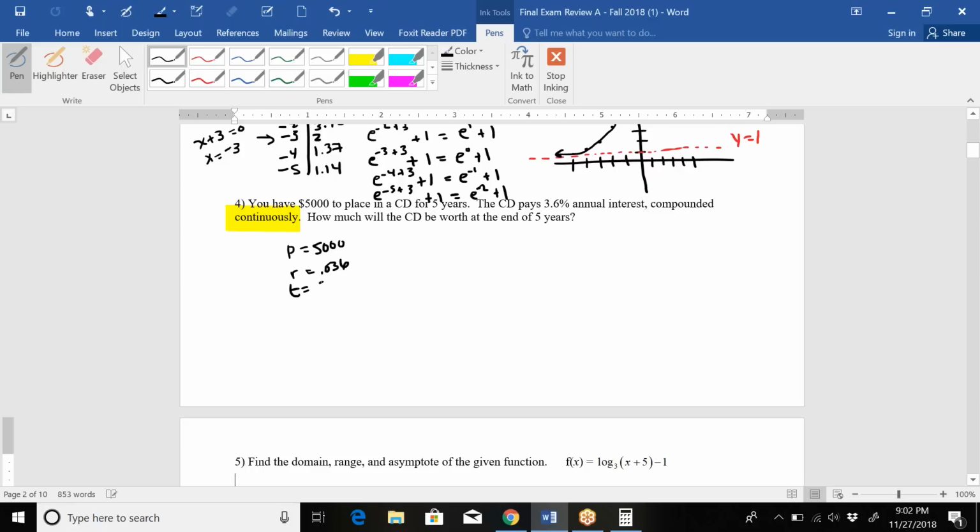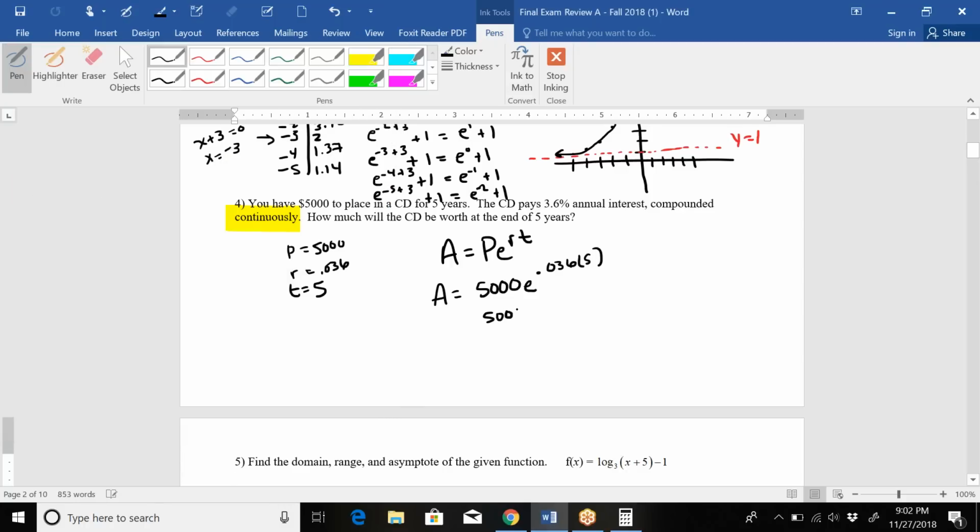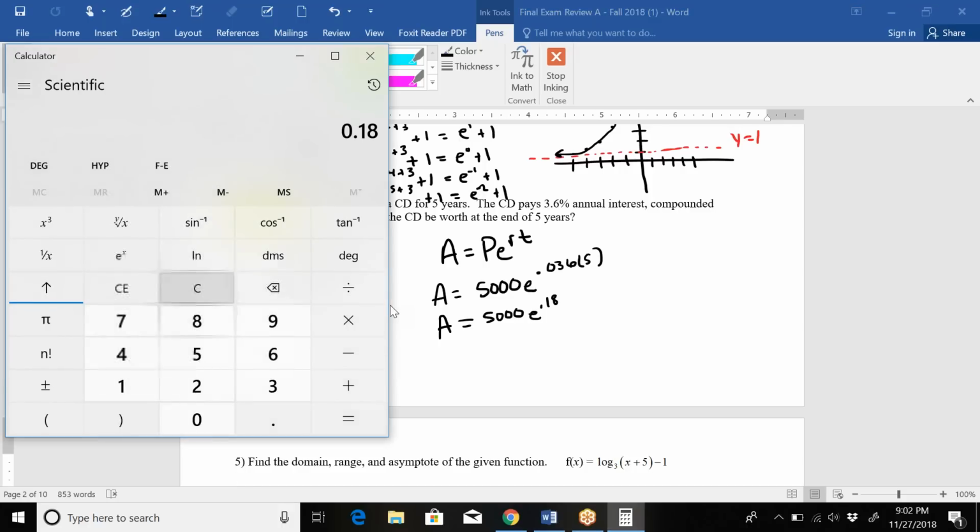e, remember, is a button on your calculator, so that's going to be our button that we hit, and then 0.036 times 5. Sometimes I will go ahead and work out the exponent before I do anything else, just to make my life a little easier. So that's 0.18, so 5,000 e to the 0.18. So if we type this in, we should be able to find our future value.